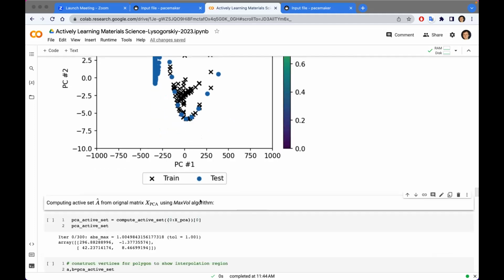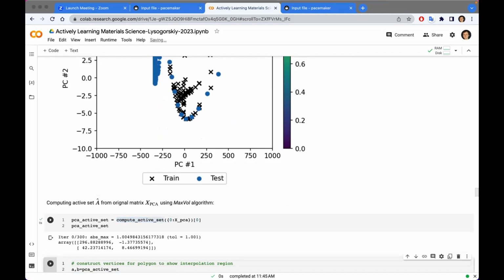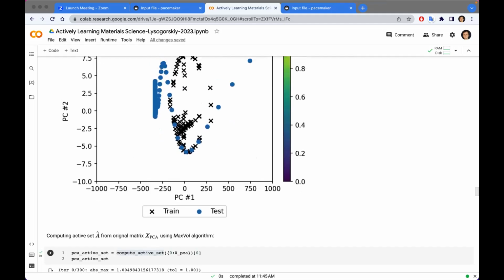So now we can compute the active set using the Maxvol algorithm. For that, there is a method called compute active set from the PyAce package. And it should select the 2 points out of this bunch of black crosses, which form the maximum volume parallelogram.